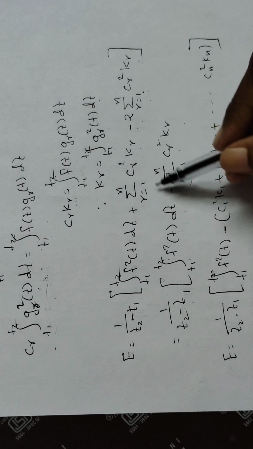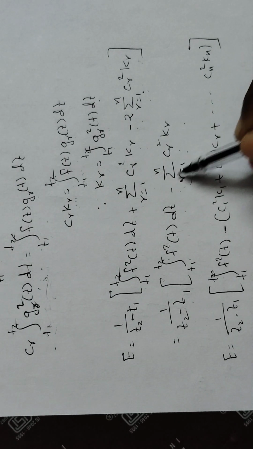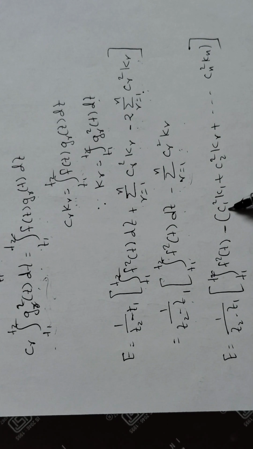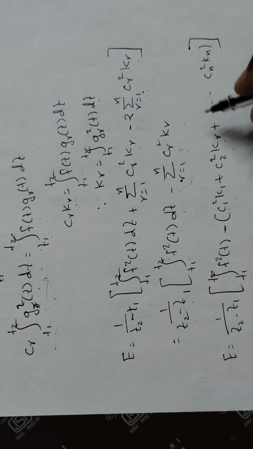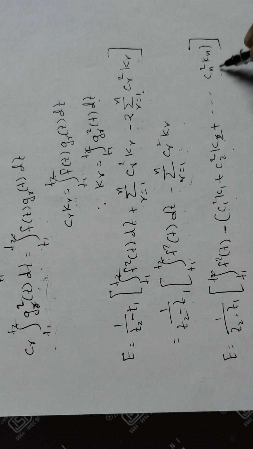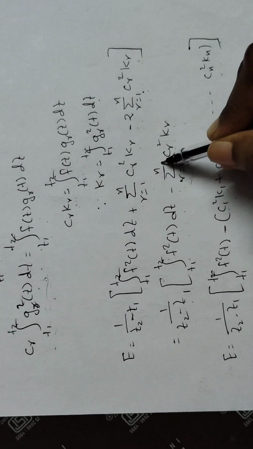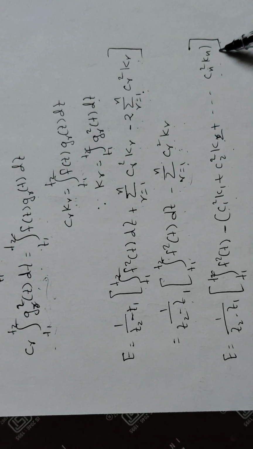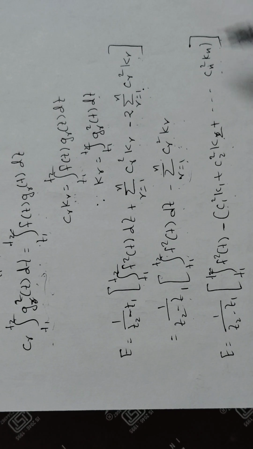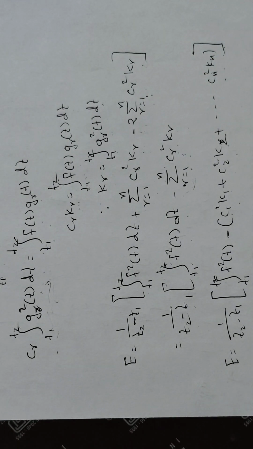Now if you expand it, you get c1 square k1 plus c2 square k2 and so on up to cn square kn, where r values are from 1 to n. So this is the equation for the minimum mean square error.